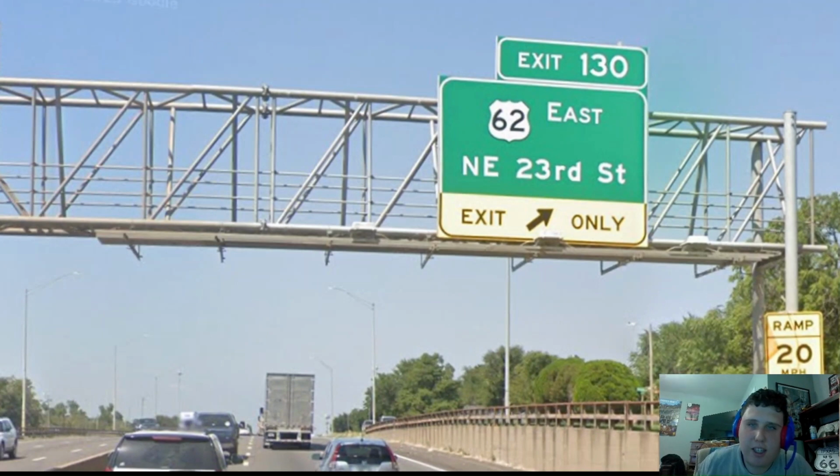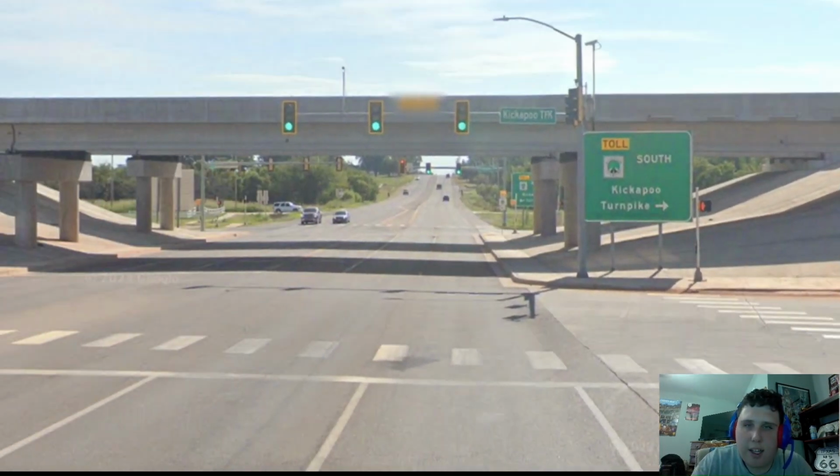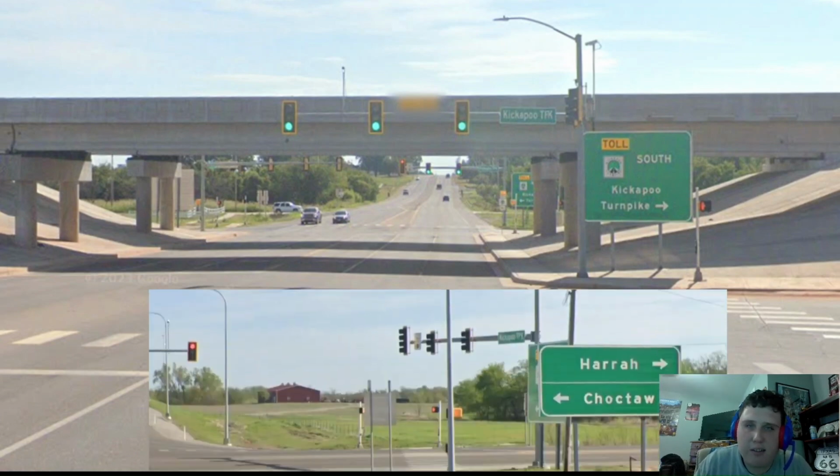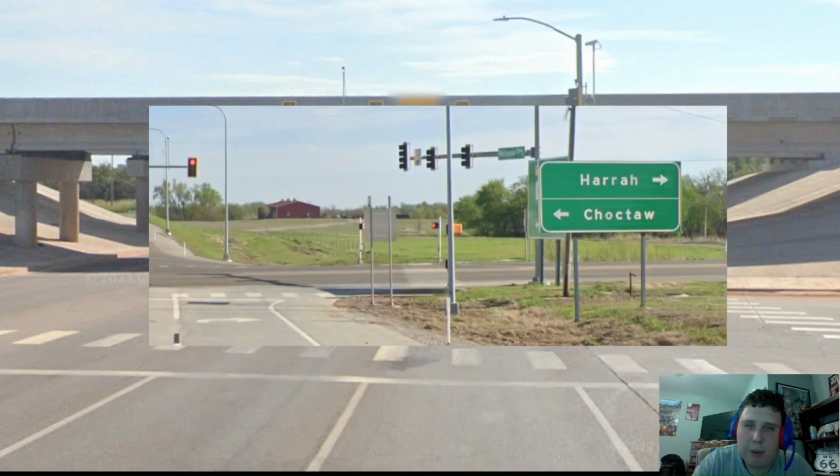And here's US 62 splitting off from Interstate 35, and we're just signed east for Northeast 23rd Street. I wonder why there's no control city there. And here we're meeting the Kickapoo Turnpike here in far eastern Oklahoma City, and US 62 is going to continue east of here. On the Kickapoo Turnpike, we're signed east for Harrah.